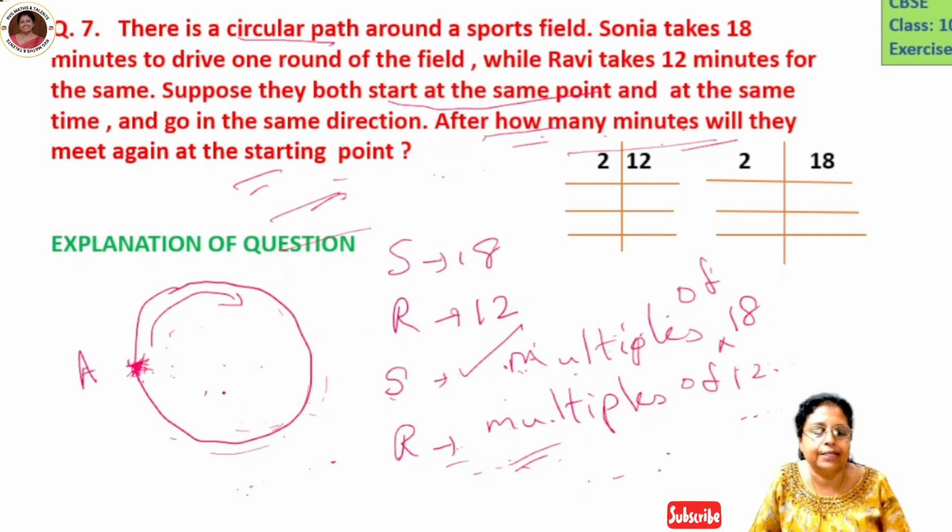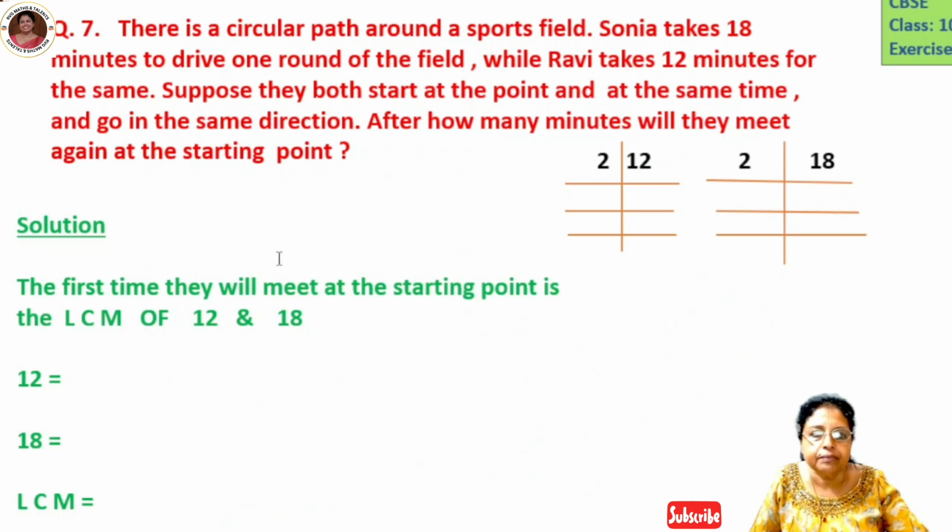They meet again there at the common multiples. That means the least one is LCM. So you have to find out LCM here. So the first time they will meet at the starting point is LCM of 12 and 18. So you find the LCM of 12 and 18.